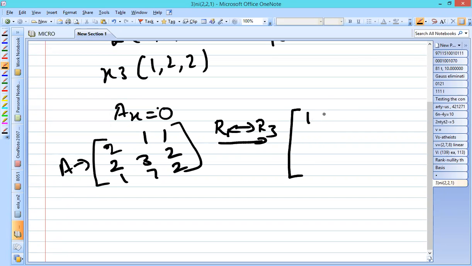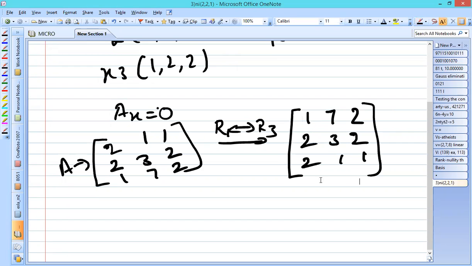You get 1, 7, 2 in the first row, 2, 3, 2 remains in the same row, and 2, 1, 1 goes to the third row. Next, we have to make the bottom row elements 0, so we go with R2 minus 2R1, which makes the first element in the second row 0, and also R3 minus 2 times R1.